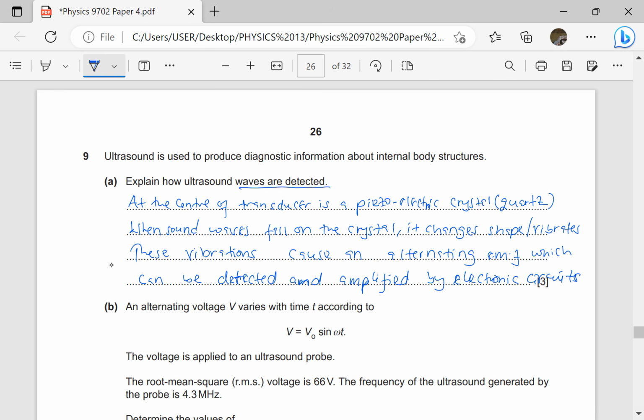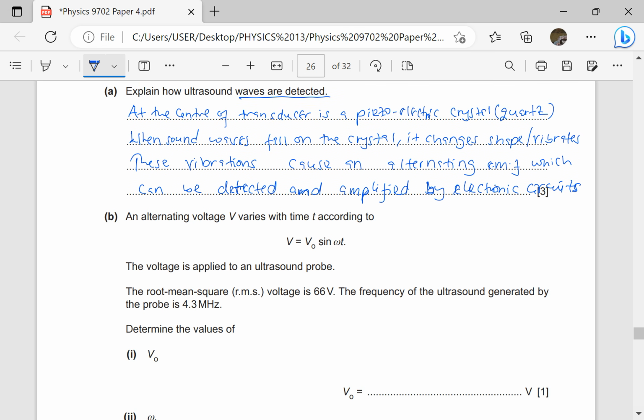As simple as that. The EMF generated from the vibrations is detected and amplified by electronic circuits, and can be processed into an image.